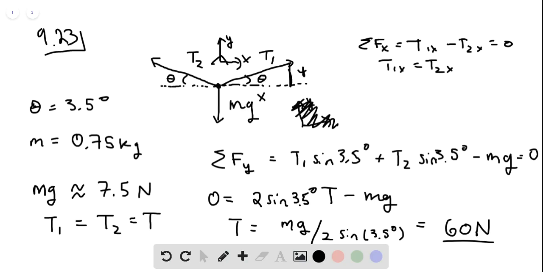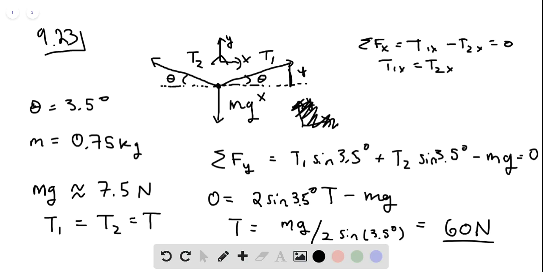But for the purposes of this, it's okay. Summing the forces in the y direction, we have T1 multiplied by sine of 3.5 degrees plus T2 multiplied by sine of 3.5 degrees minus mg.